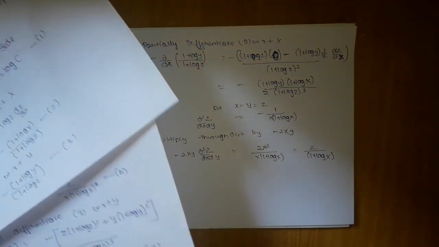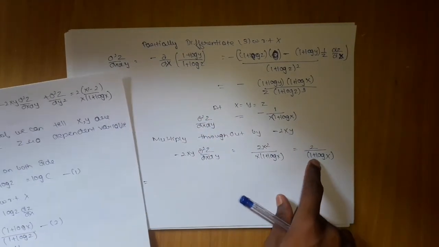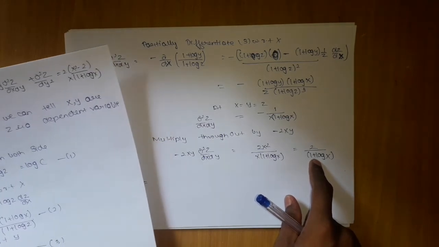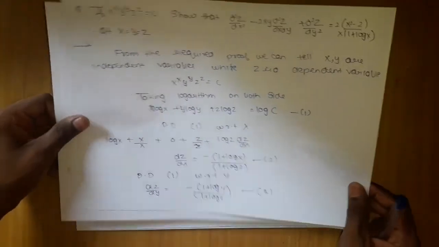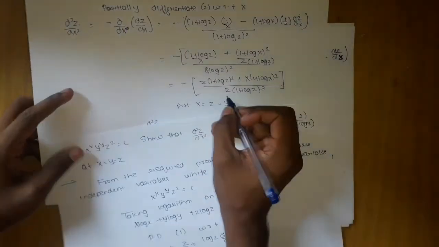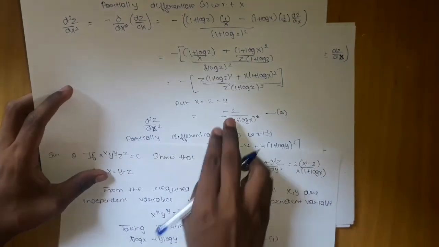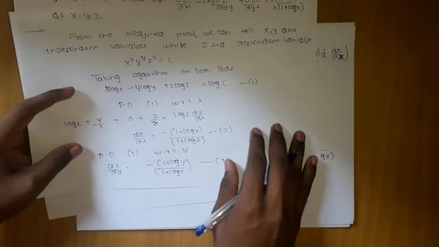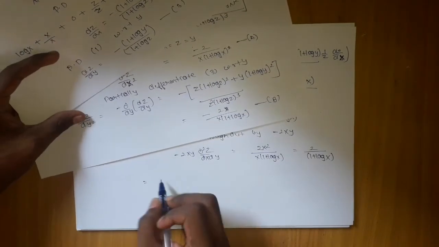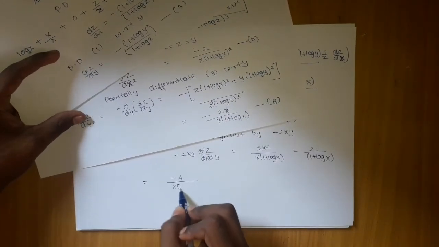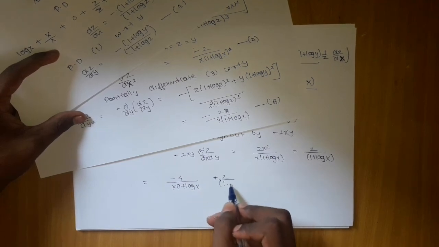So we are getting this value, which is 2 upon (1 plus log x) after multiplying, and we have these two values. Here it will be z square, because these two when multiplied will give me z square, then this answer will come. I didn't write that step, this will be z square. Now if I add all the things, I am going to be left with minus 4x into (1 plus log x) plus 2 by (1 plus log x).